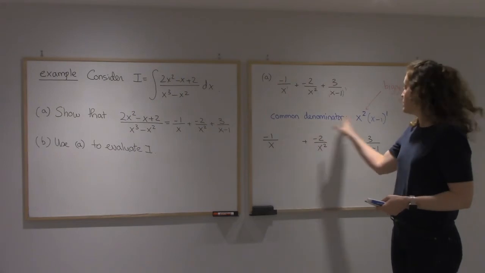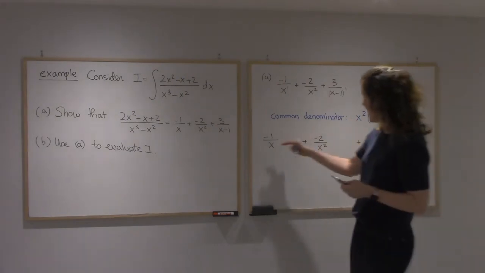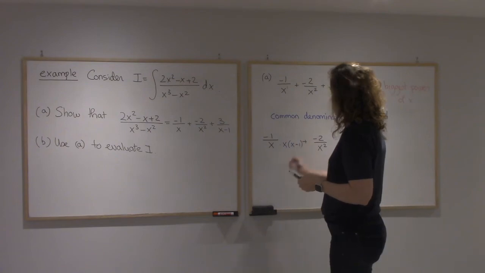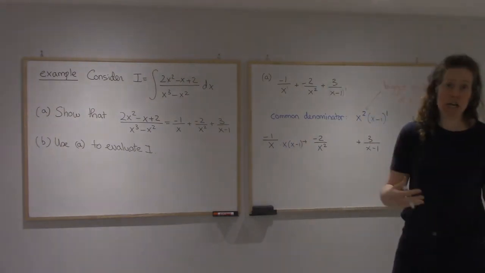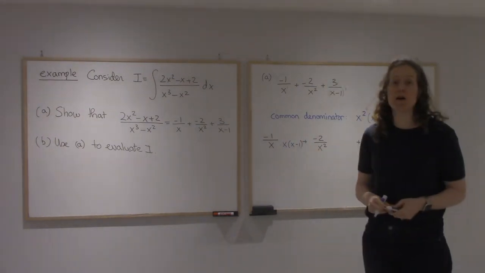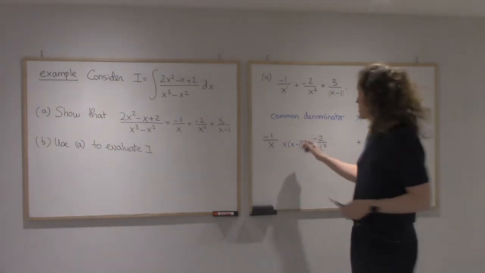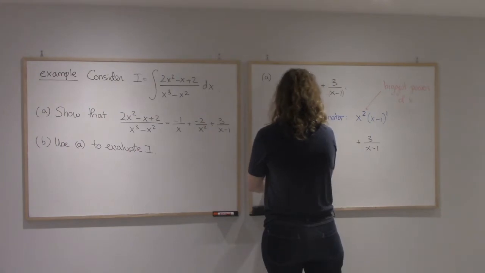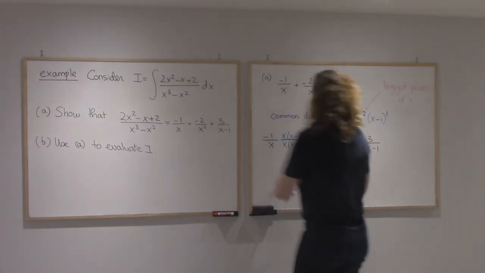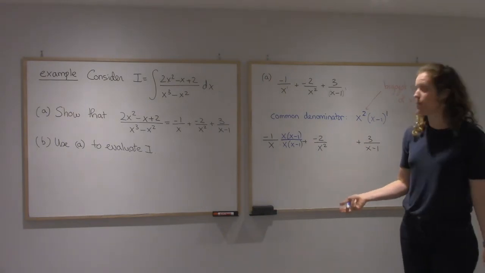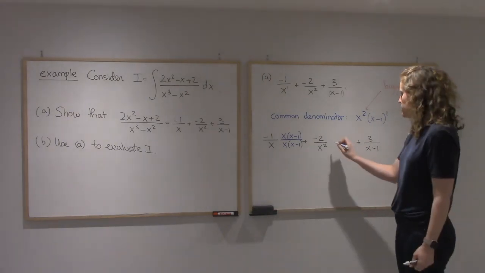I want to put them to this denominator. In that case, I'm missing an x and an x minus 1. Now, I don't want to change my function. So if I multiply the denominator by x and x minus 1, I'm going to do the same to the numerator. So I'm really multiplying by 1, just a very fancy one.